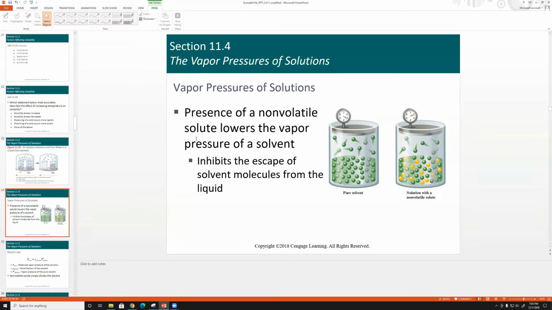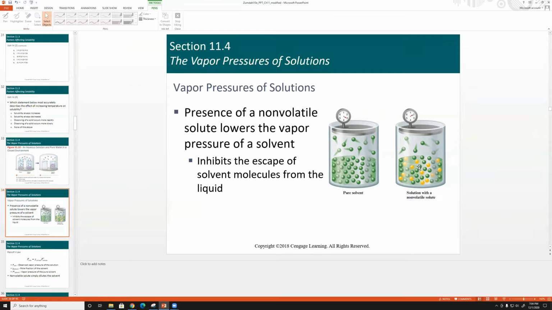So now we're going to get into the vapor pressures of solutions rather than just specific solvents. When you have a solution, this tends to strengthen the intermolecular forces, like we mentioned before, of the solvent. So you're adding more intermolecular bonds.